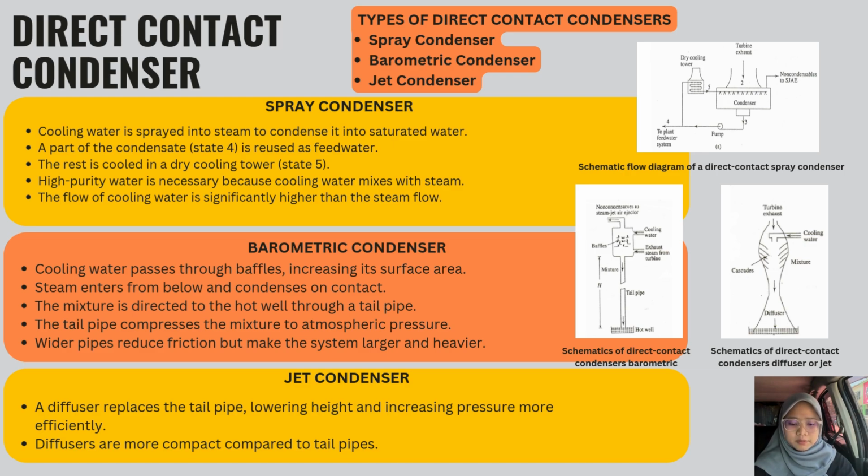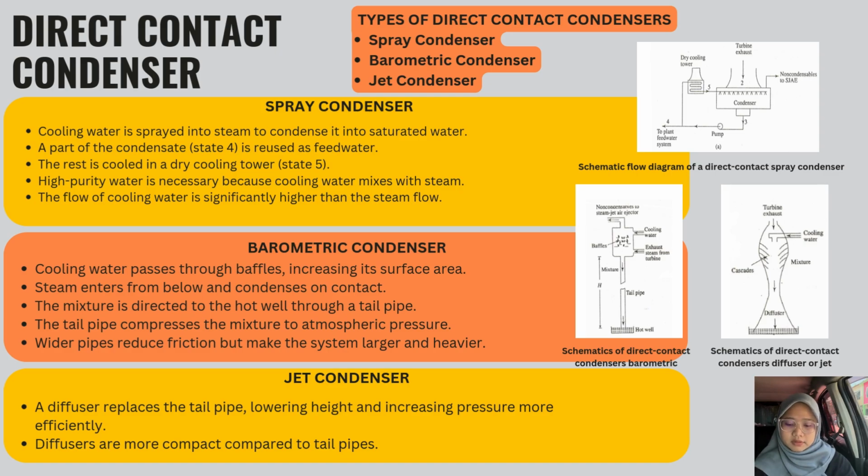Next, for the explanation of the barometric condenser, the cooling water passes through baffles, increasing the surface area. Steam enters from below and condenses on contact. The mixture is directed to the hot well through the tailpipe, and the tailpipe compresses the mixture to atmospheric pressure.